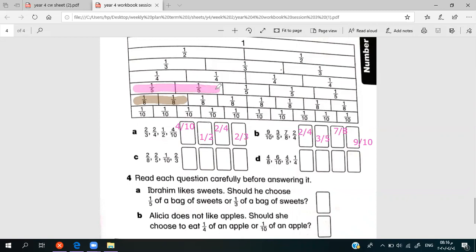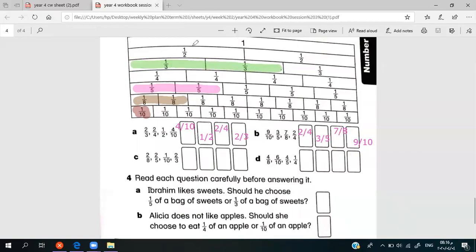And then 1 from the 10s. Here is a 1. Okay, and then 2 from the 3rds. Here are the 3rds, and I'm gonna color 2.